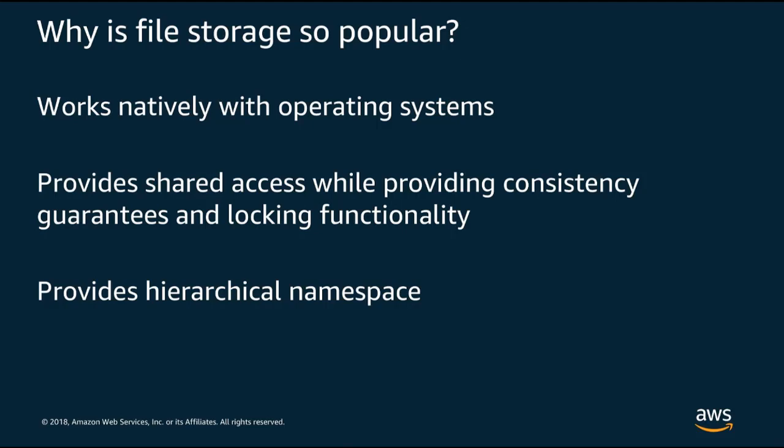Guarantees on how data is updated and the ability to take out locks on files or portions of files is super useful for distributed applications with multiple writers and readers of that same set of data. And lastly, file storage is popular because it provides a hierarchical namespace. And a hierarchical namespace is a helpful and natural way to organize and think about your data.